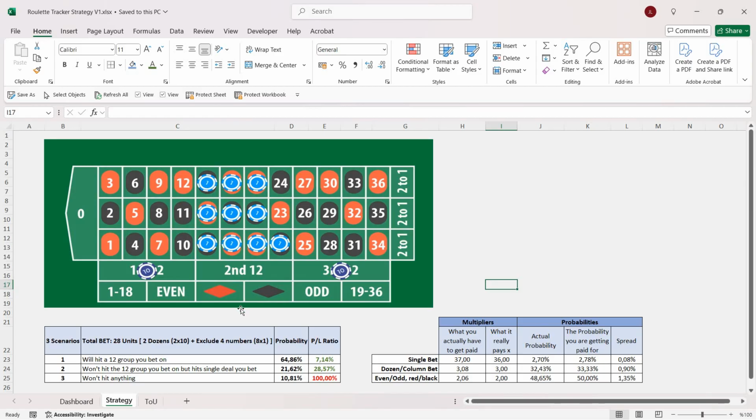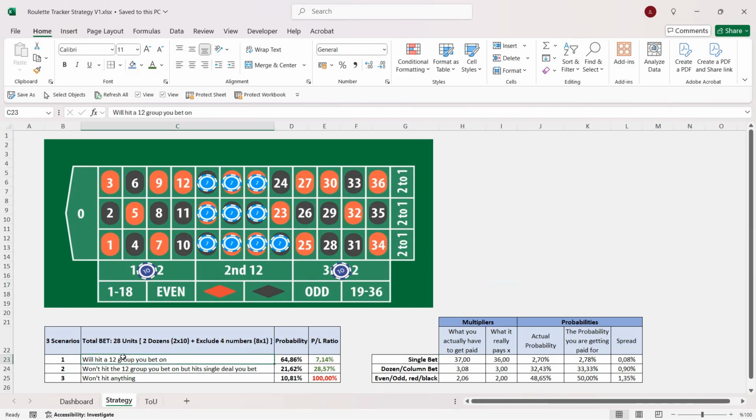All you have to do is bet 10 units on 2 dozens and then exclude 4 numbers from the dozen that you didn't bet on. Let's say that you also bet on 0, the first and the third dozen, and excluded these 4 numbers. In this case, you have 3 scenarios.